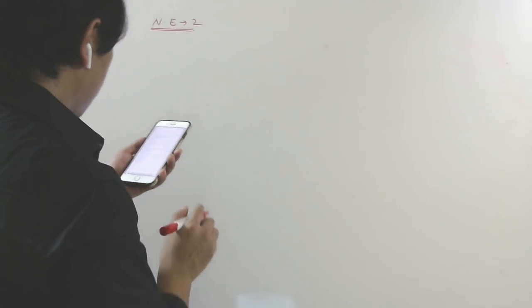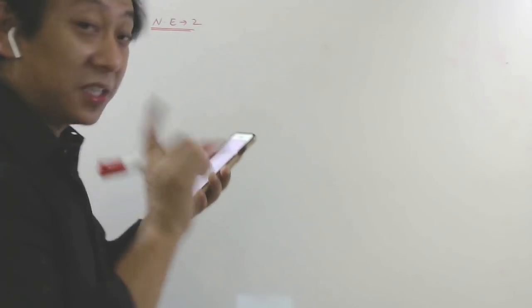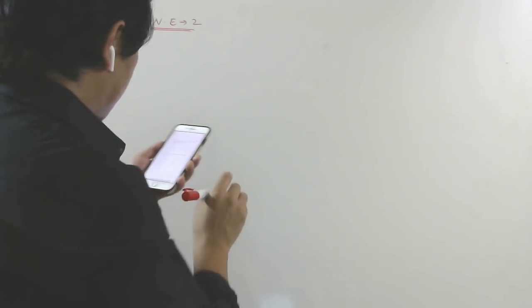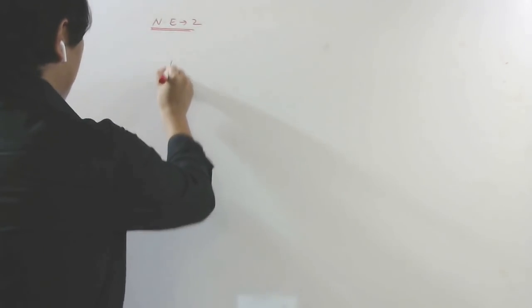Now we have to do the last question of this numerical exercise. Four equal charges, each of 16 microcoulomb, are placed at the corners of a square.